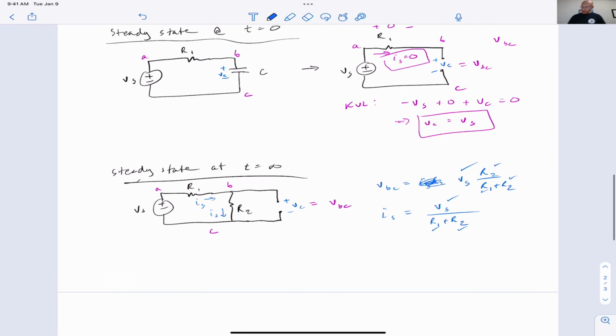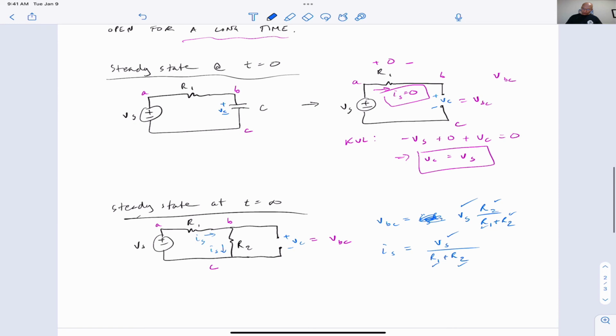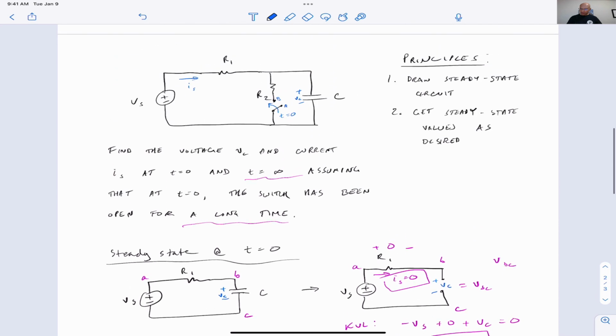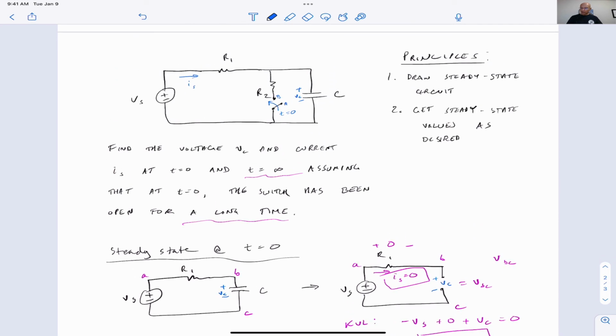So in this case, I've shown you how to do a steady state analysis for a simple circuit. I didn't plug in any real numbers for you, but you could do that if we gave you numbers. And so here I've just done it symbolically. So again, the main steps are: draw the circuit in steady state. Do that. Don't skip it.